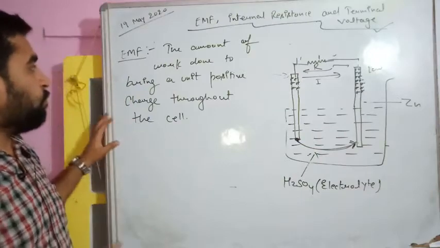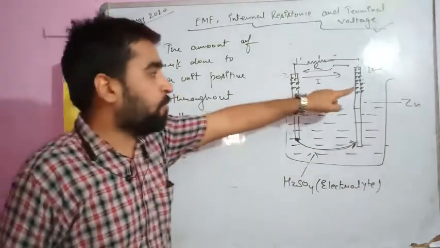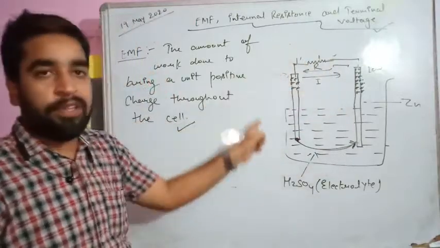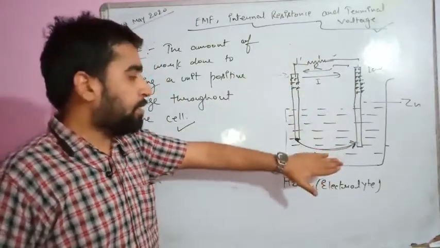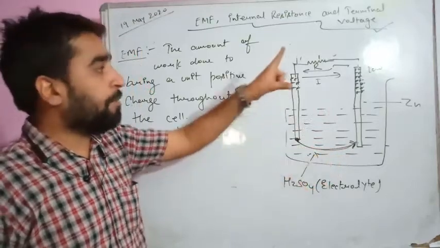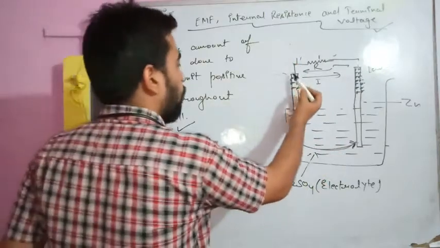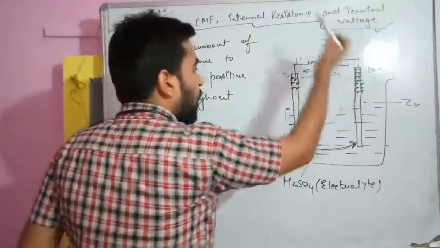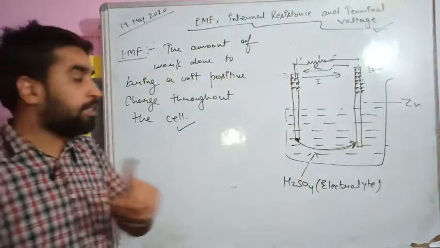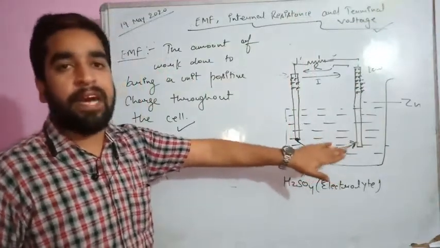Once we are considering EMF, we have to consider that a unit positive charge has to travel throughout the cell, which means this internal resistance will be counted. When we are calculating terminal voltage, we just speak about the charge flowing from one potential to another potential. We don't consider the internal resistance in the cell.